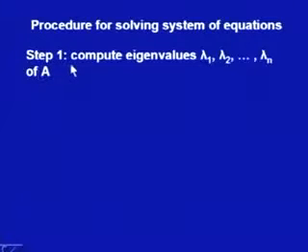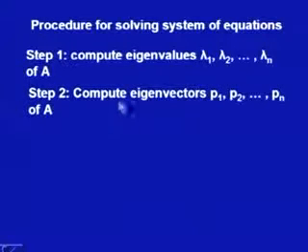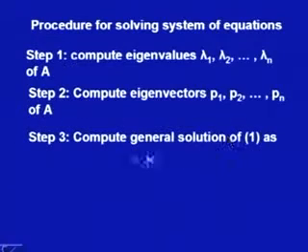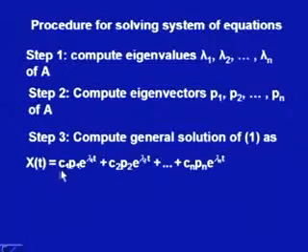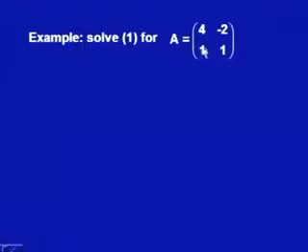According to this, step 1 is the computation of eigenvalues lambda 1, lambda 2, lambda n of the given matrix A. In step 2, we compute the eigenvectors P1, P2, Pn of A corresponding to the eigenvalues lambda 1, lambda 2, lambda n, and step 3 is we compute the general solution of (1) as x t equal to C1 P1 e^(lambda 1 t) plus C2 P2 e^(lambda 2 t), and lastly Cn Pn e^(lambda n t). We illustrate this procedure in this example.